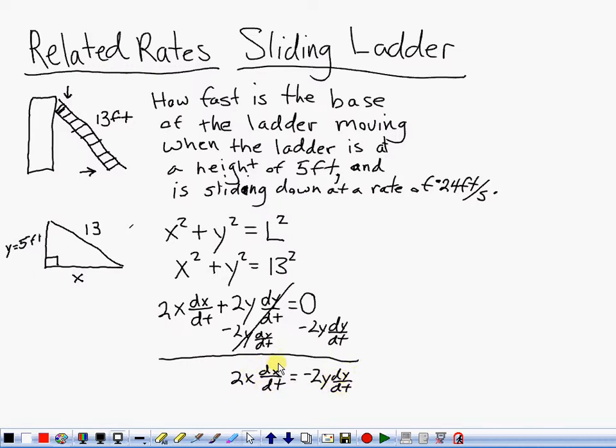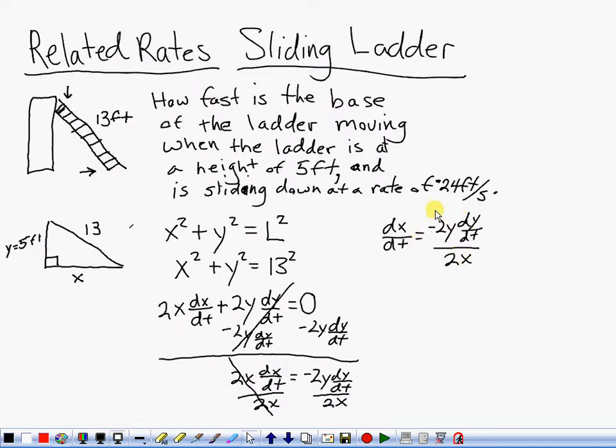How are we going to get the dx over dt all by itself? Well, we're going to divide both sides by 2x, and then we're going to drop up here. So here we are, dx dt equals negative 2y dy dt all over 2x. This can be simplified even further.